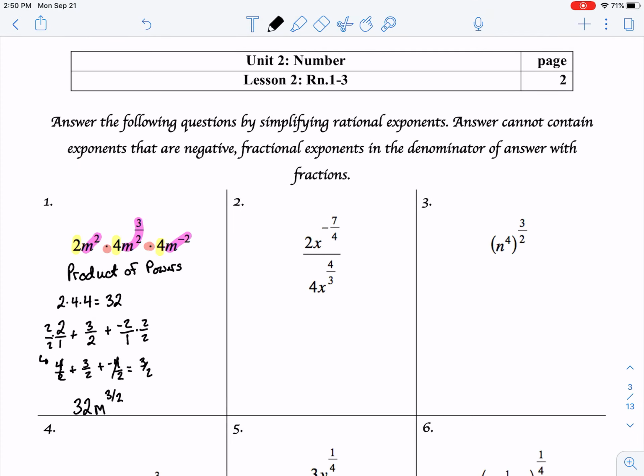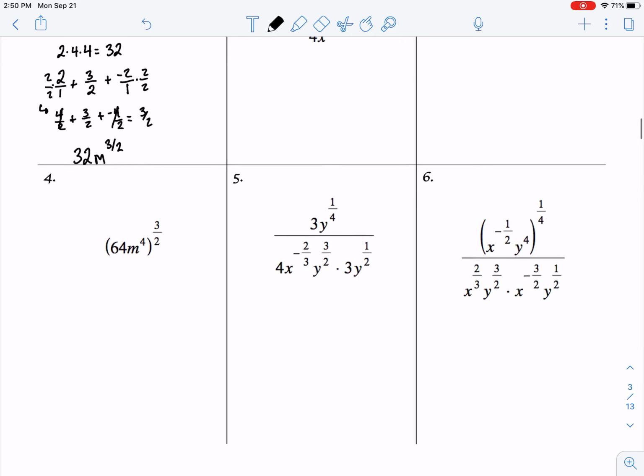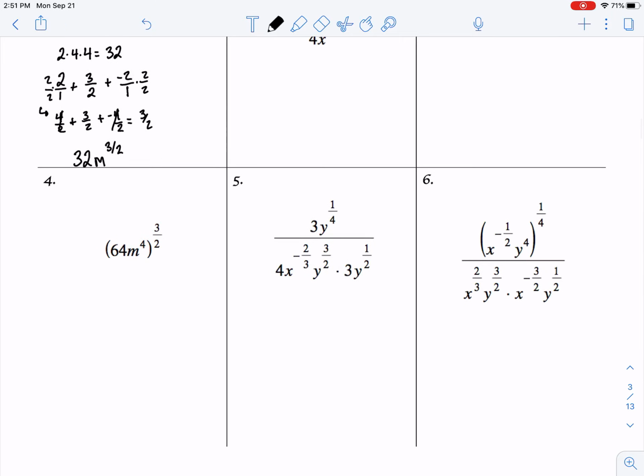Going to do one more because, as you can see, sometimes we will have things that have multiple variables, such as number 5 and number 6, and it's just a lot of stuff going on. And test makers make these problems to mess us up.